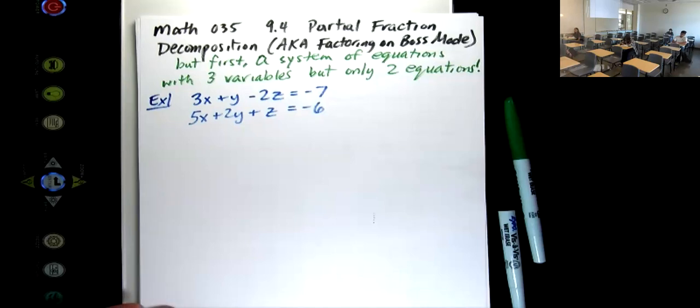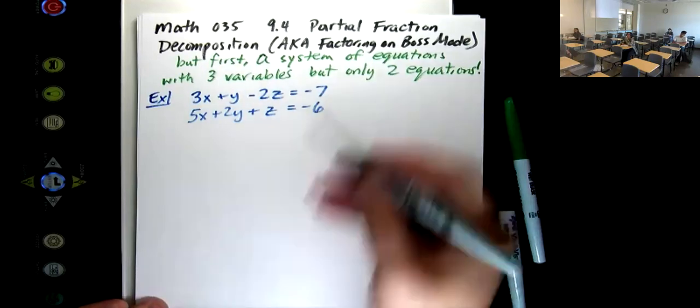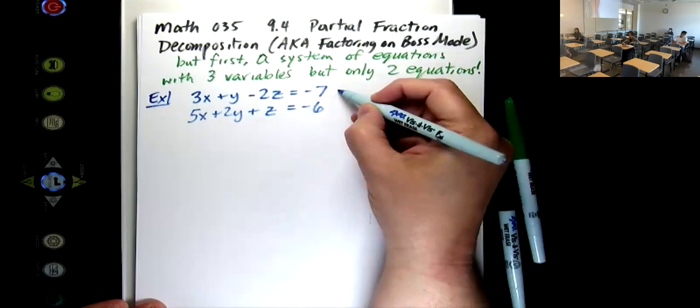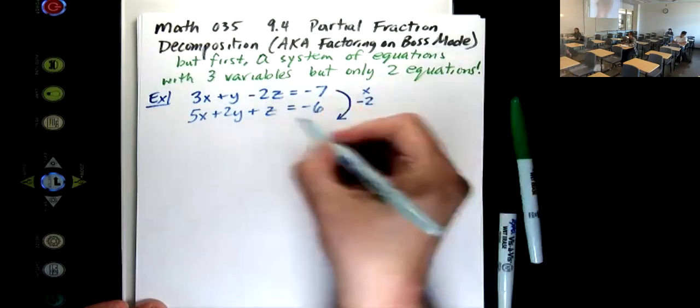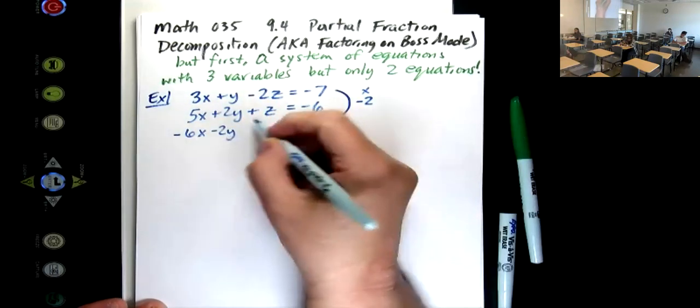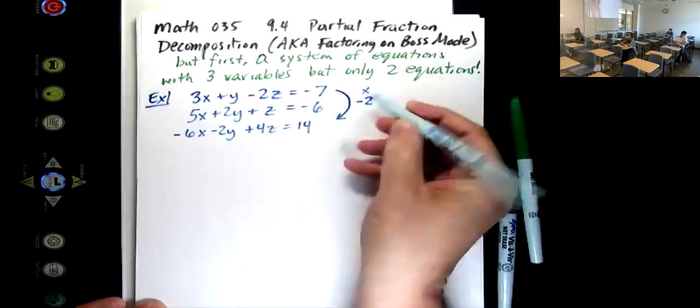So let's say, I don't know, we get rid of y first. I'm going to take this and multiply it by -2, and I'll write it down below. I've got -6x minus 2y plus 4z equals 14.